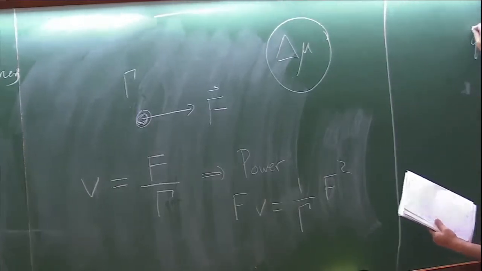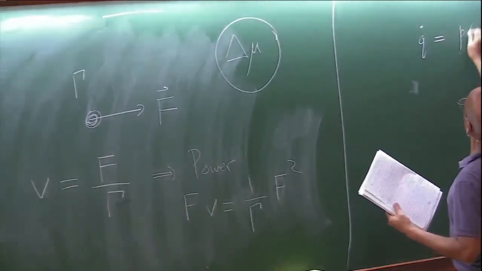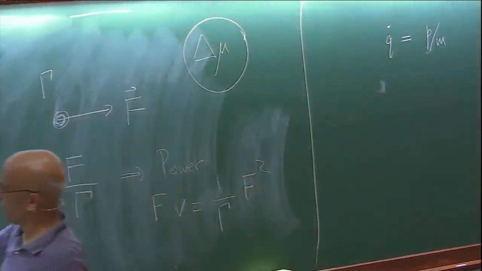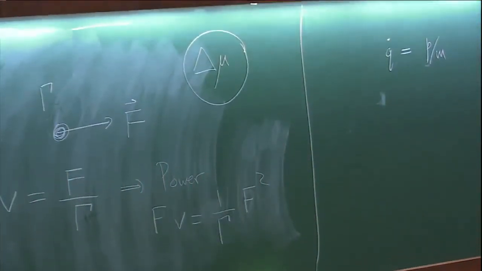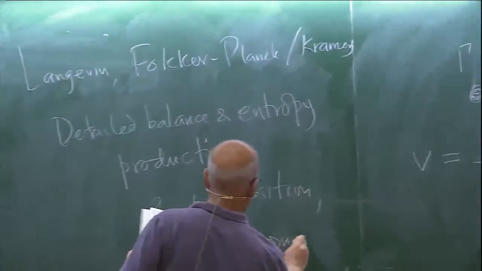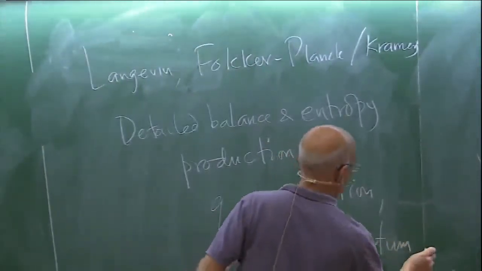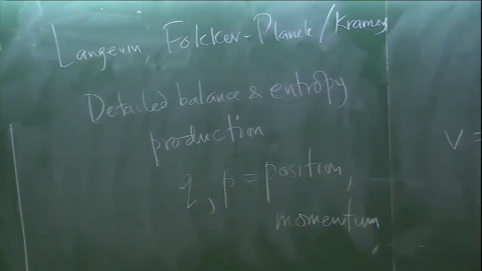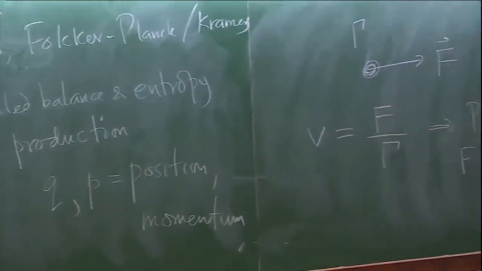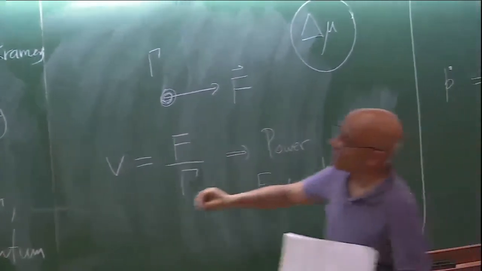So I'll have Q dot equals P over M. Q and P are coordinate and momentum. And P dot is equal to, let's say there's an external potential.